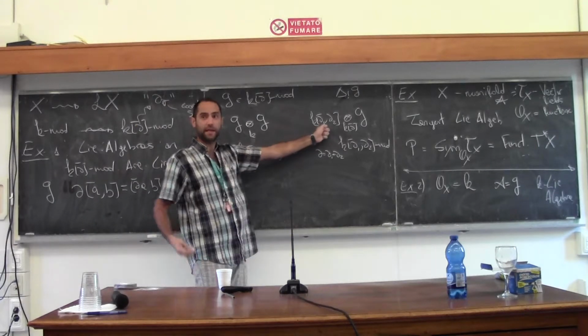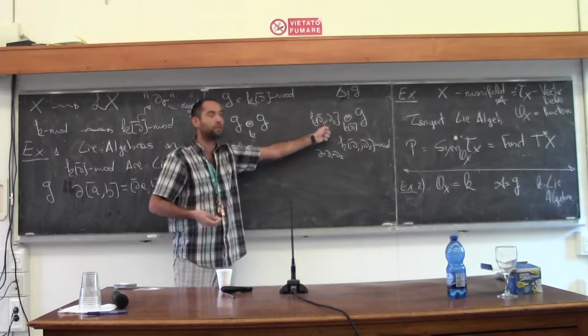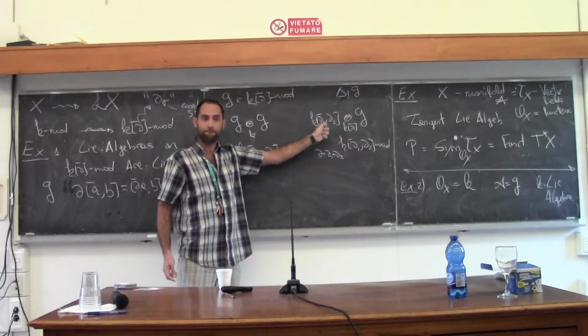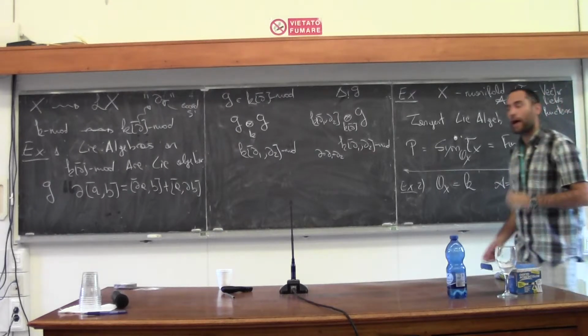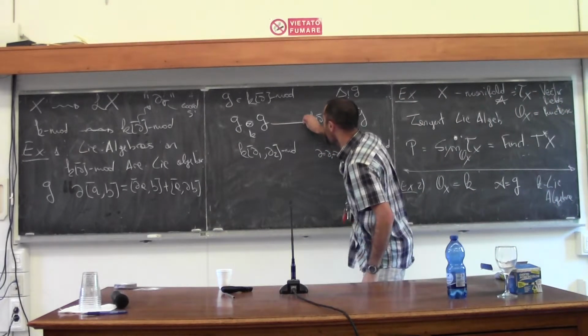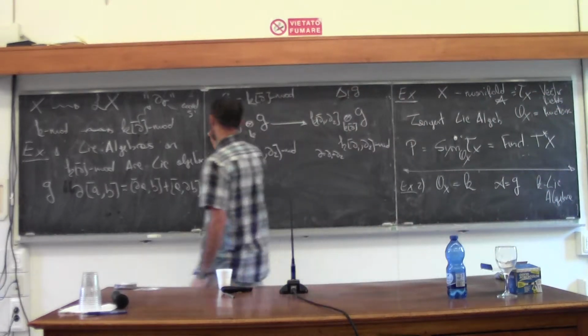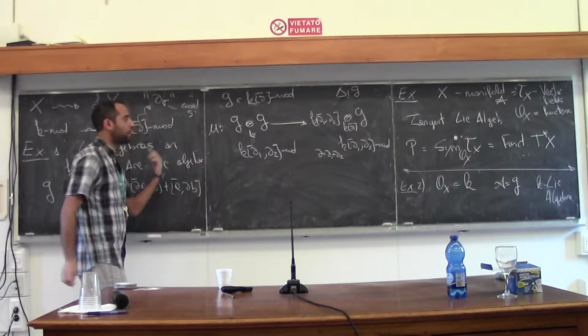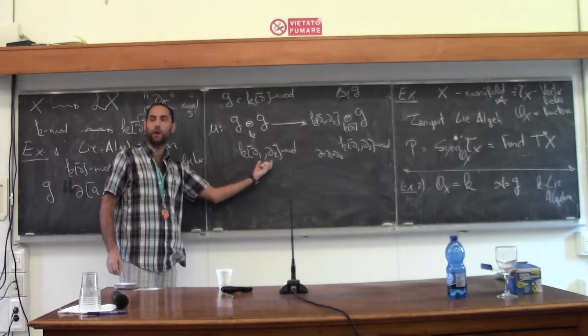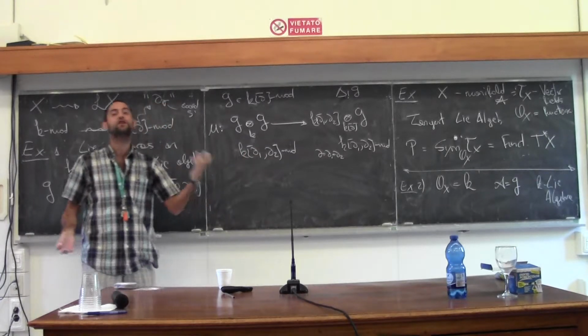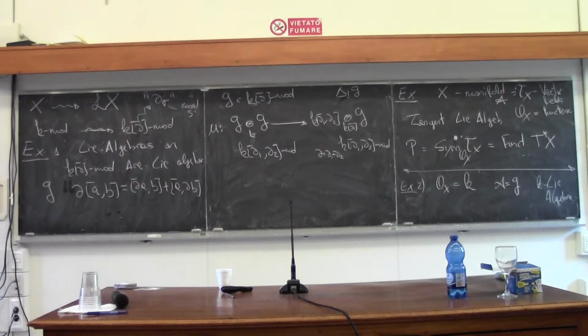And now, on this side, I have an action of del1 and del2, which is by multiplication. So now I can look at my Lie bracket living here. So now this is going to be a morphism commuting with the action of del1 and del2. And this will be my definition of where the Lie bracket lives.